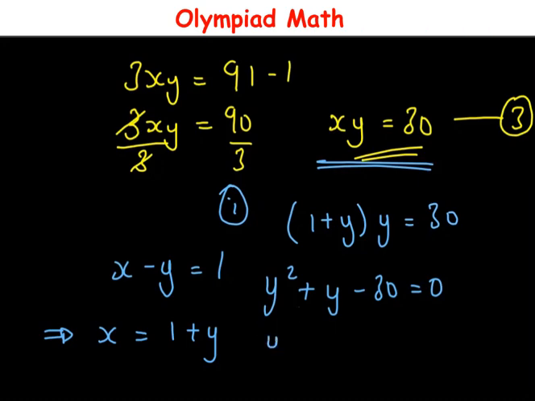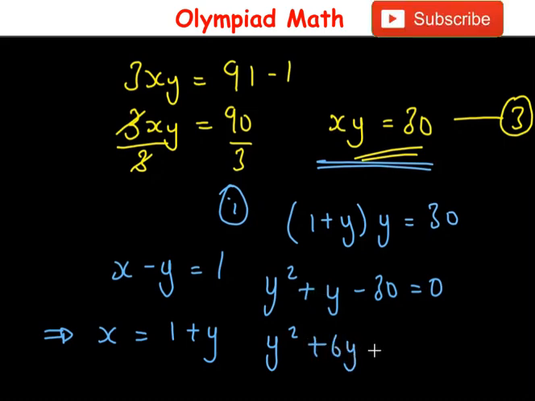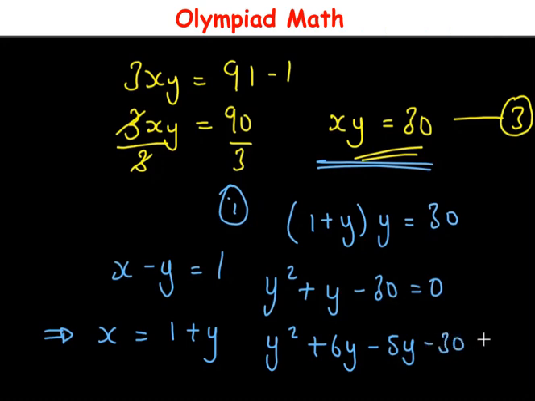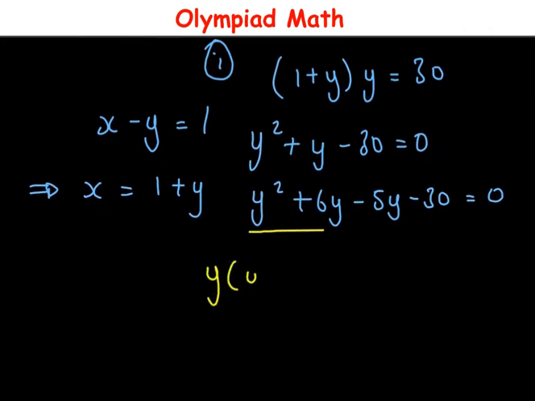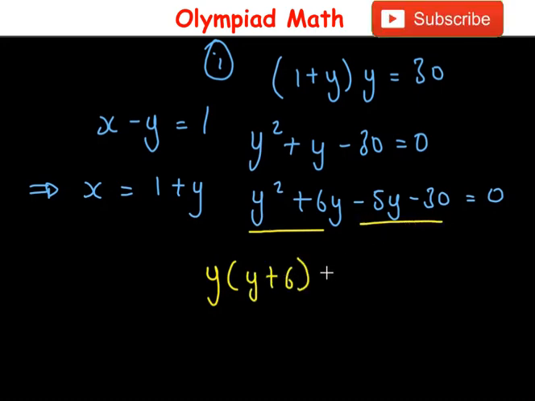Now, we're going to solve this equation making use of the factorization method. This then becomes y squared. We can write down plus y as plus 6y minus 5y, then we have minus 30, and this equals 0. Looking at this, we can factorize out y from the first two terms, so that becomes y into bracket y plus 6, and we can factorize out minus 5 from the last two, minus 5 into bracket y plus 6, and this equals 0.